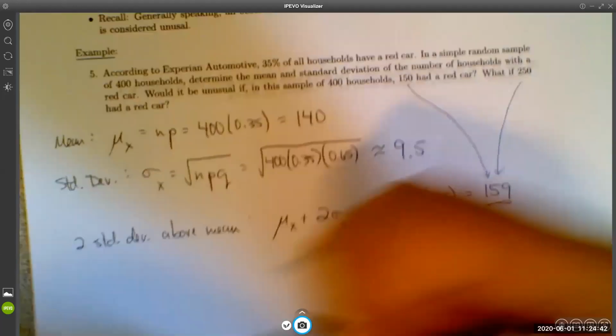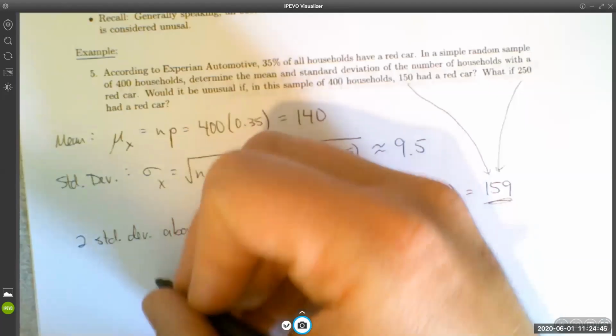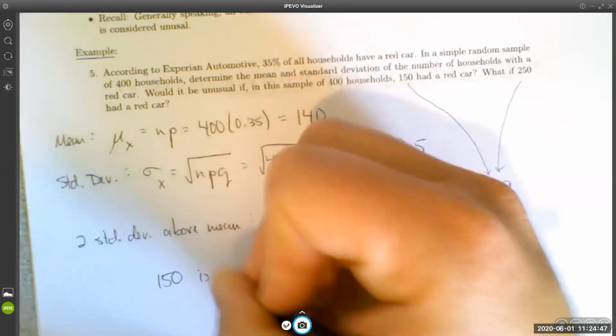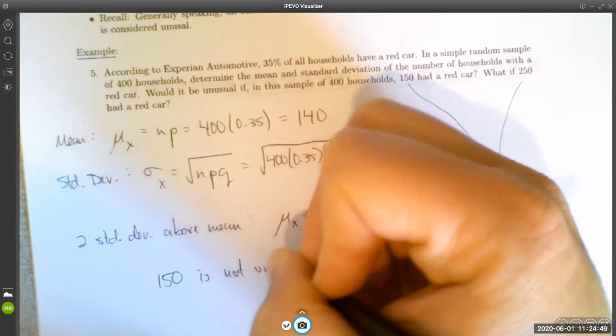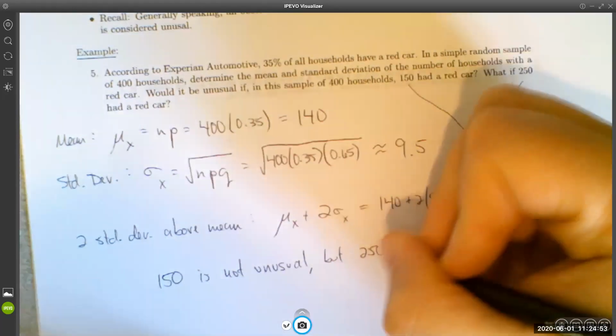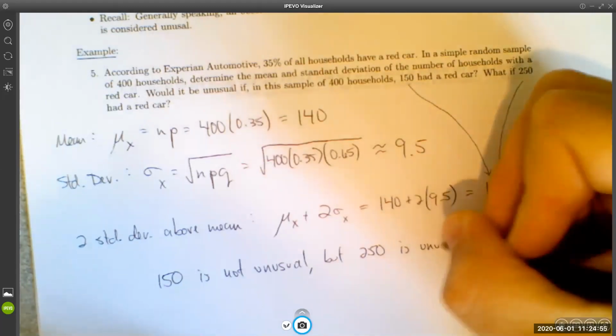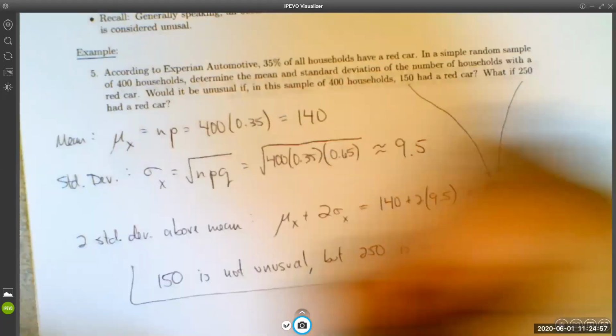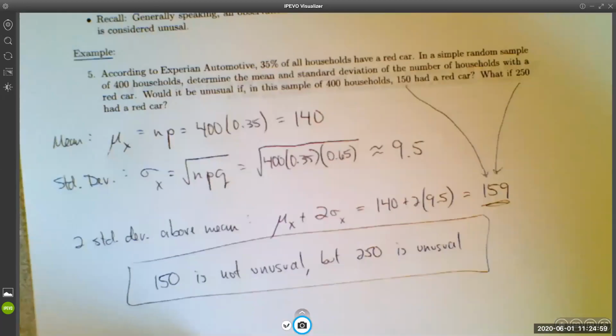So 150 is not unusual, but 250 is. Okay, and that's that.